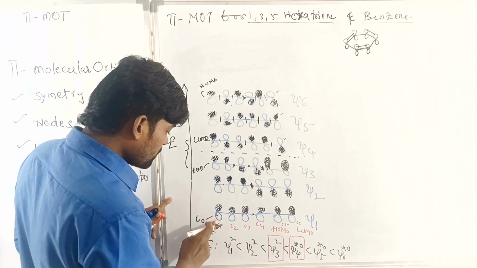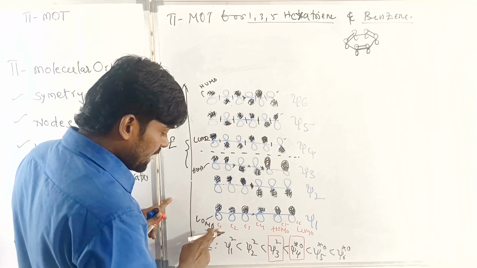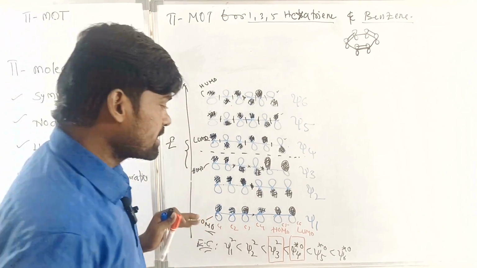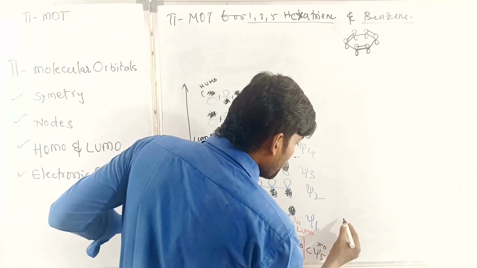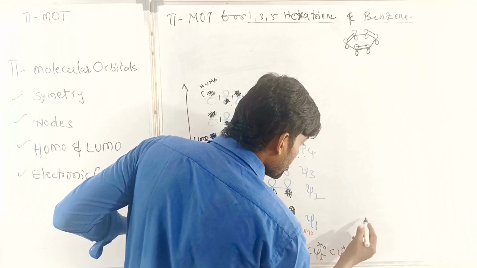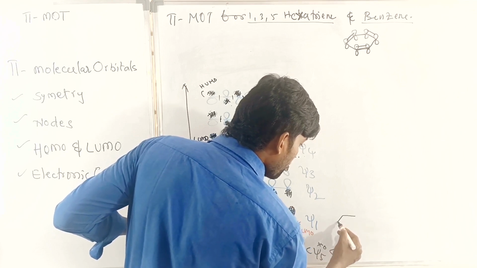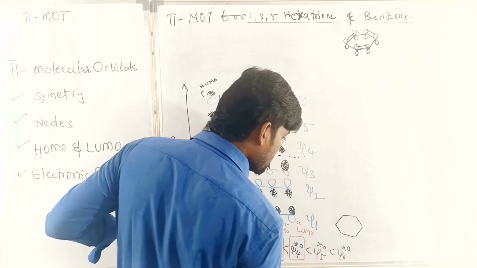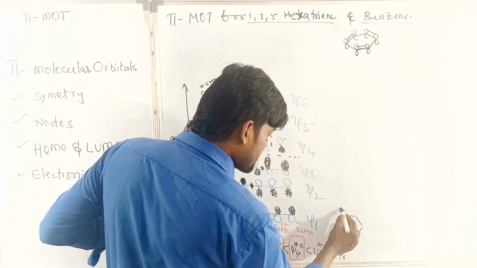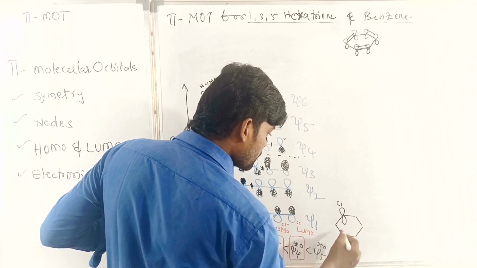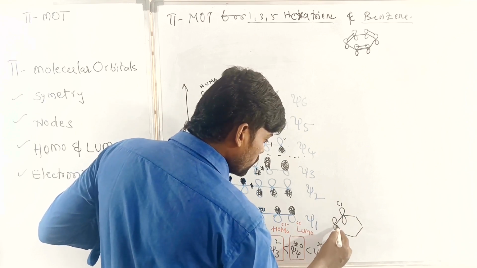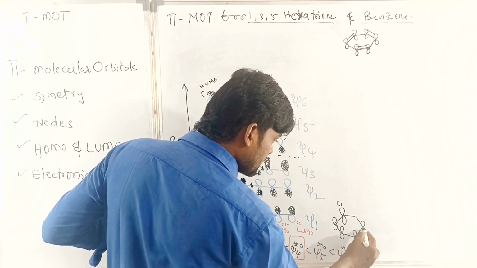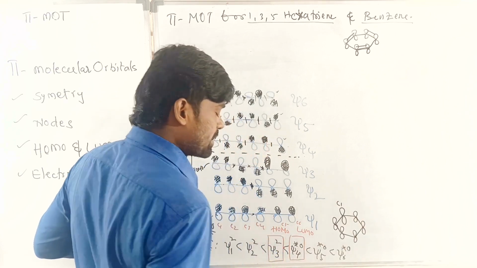So now Psi1. I am connecting C1 with C6. Benzene. Here I am taking C1. This is C2, this is C3, this is C4, this is C5, and this one is C6.